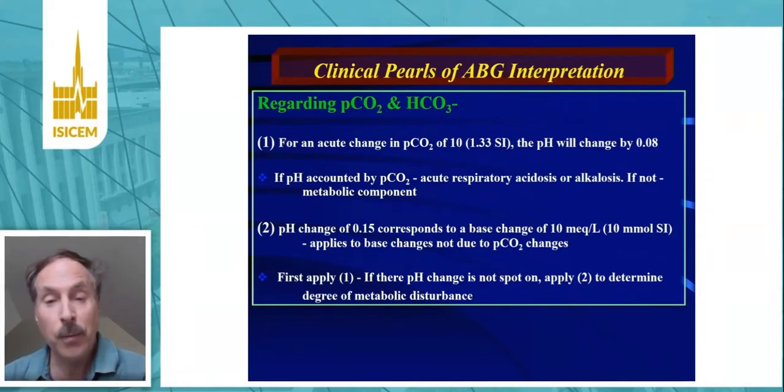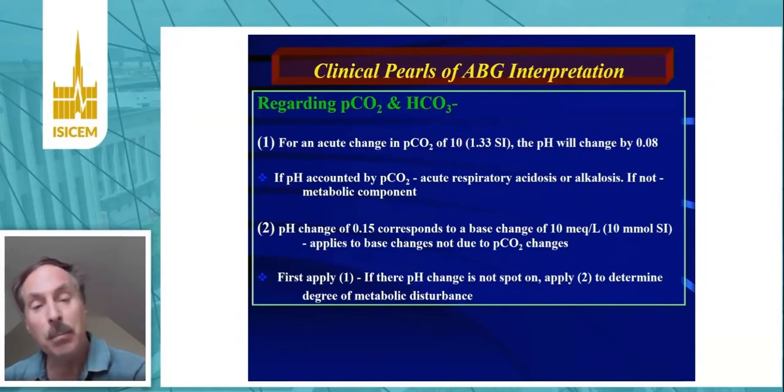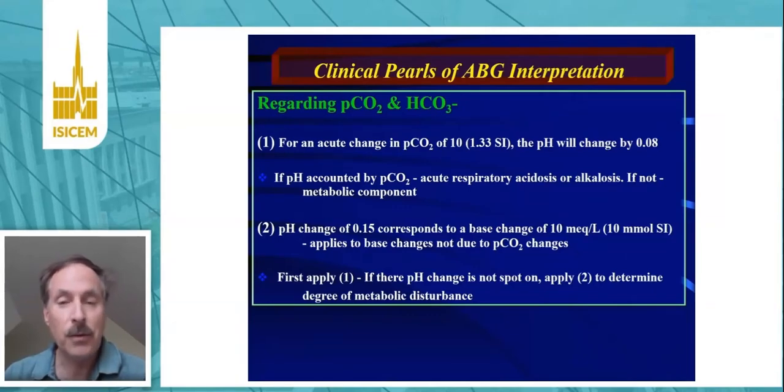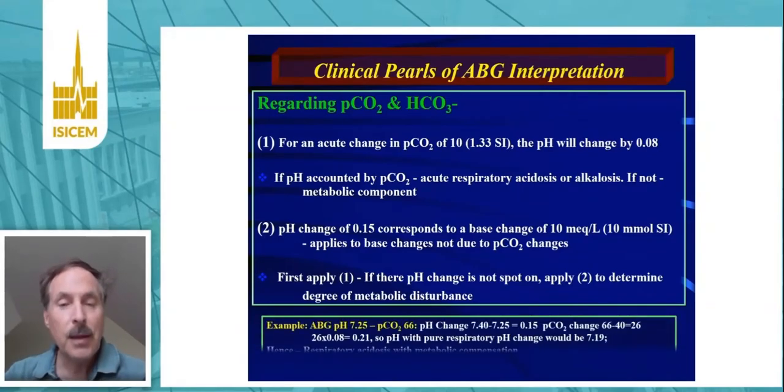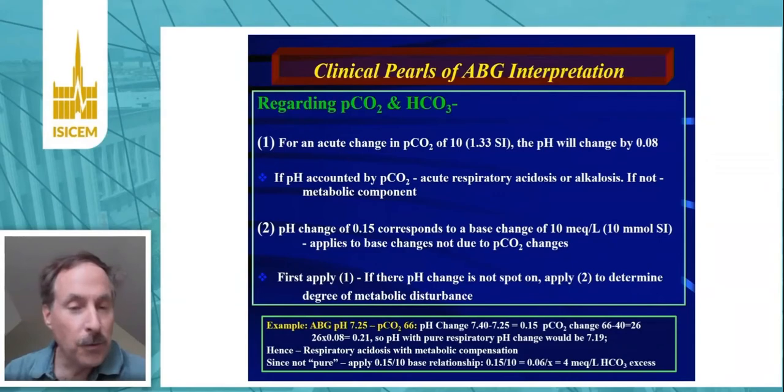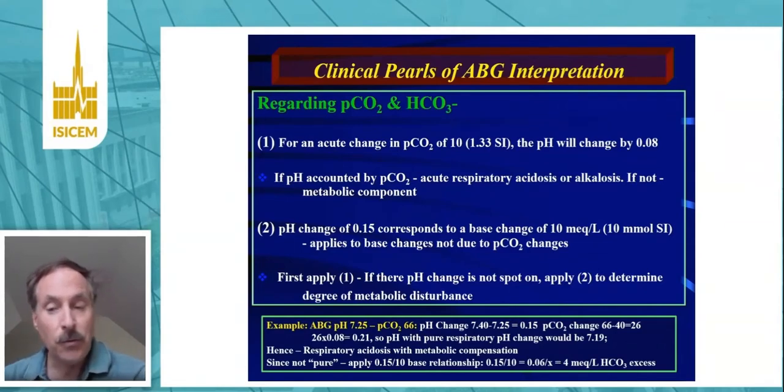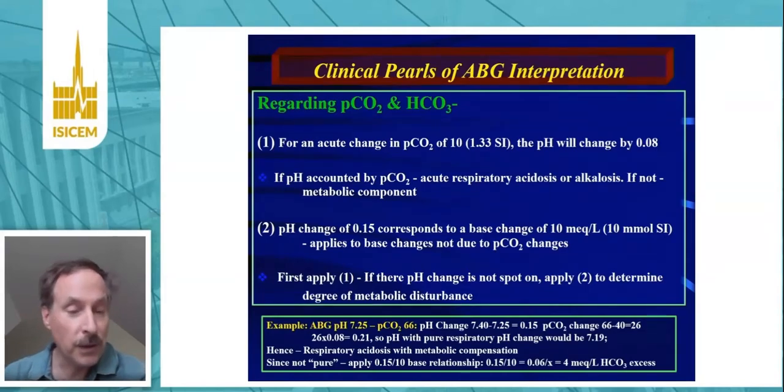Either they're normal or they represent a primary respiratory alkalosis or respiratory acidosis. If they don't match up, then you can apply rule 2 to see whether you're dealing with a base excess or deficit. For example, below you, we see a pH of 7.25 and a PCO2 of 66. The pH change is 0.15 from normal, and the PCO2 change from normal is 26.